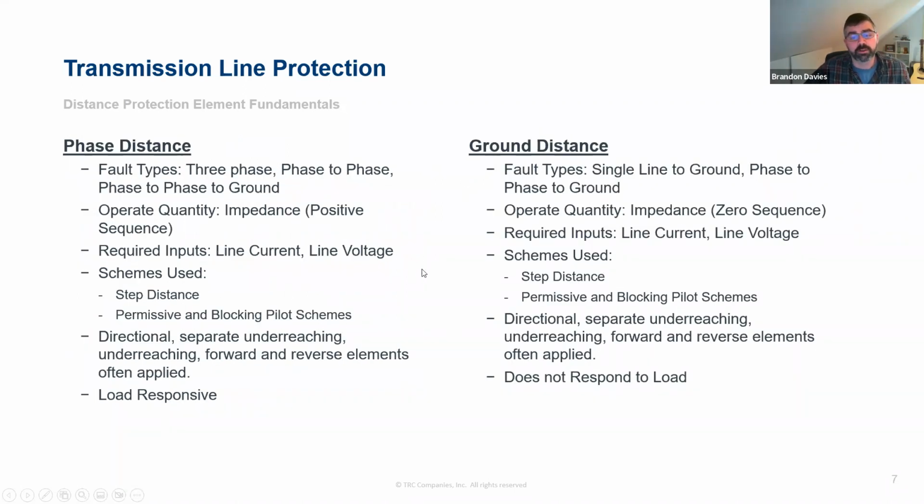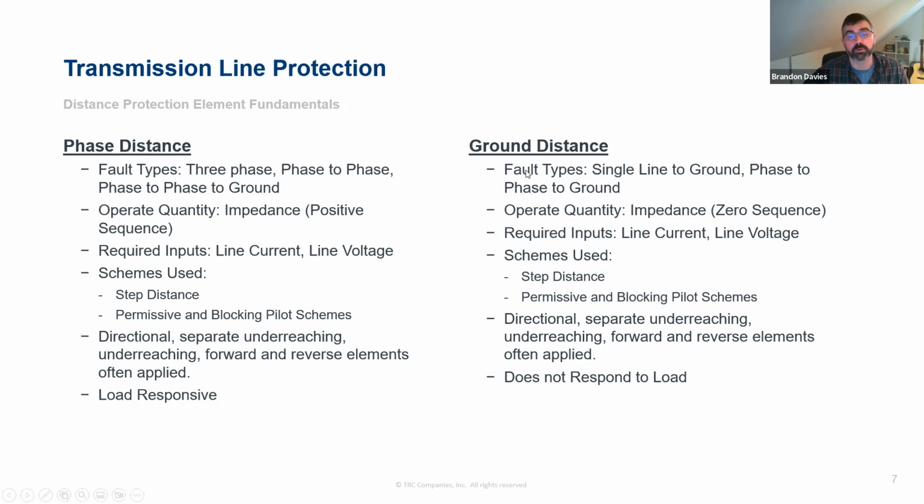We went over the same slide on the last one, but really, again, we're looking at phase distance operating with positive sequence impedance, ground distance operating with zero sequence impedance, and they detect specific types of faults. So that's really why you need both of the types of protection, or you need something covering phase and you need something covering ground faults, and they need to be considered separately as they respond to different scenarios for the system.